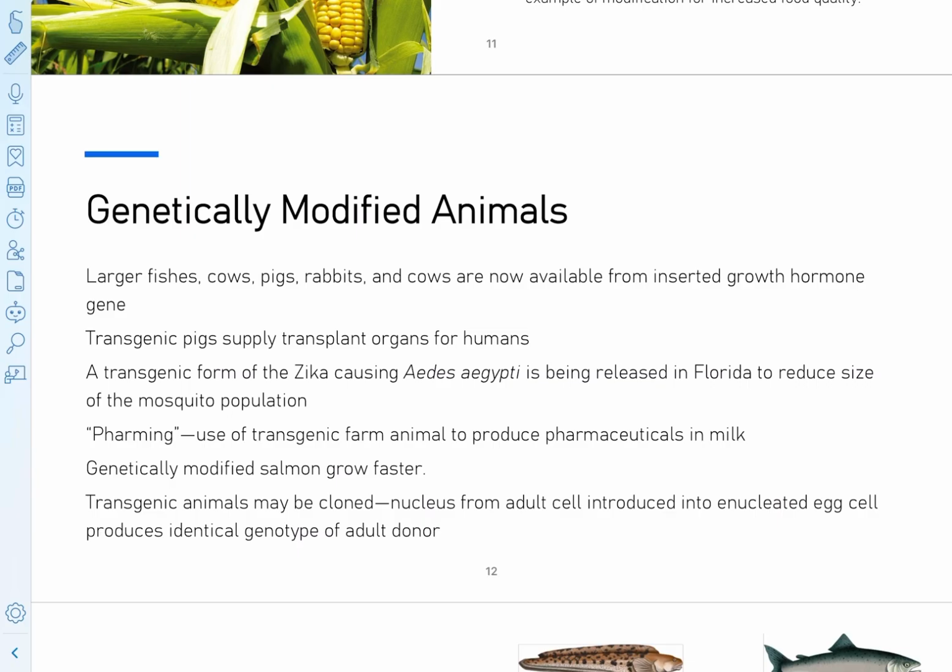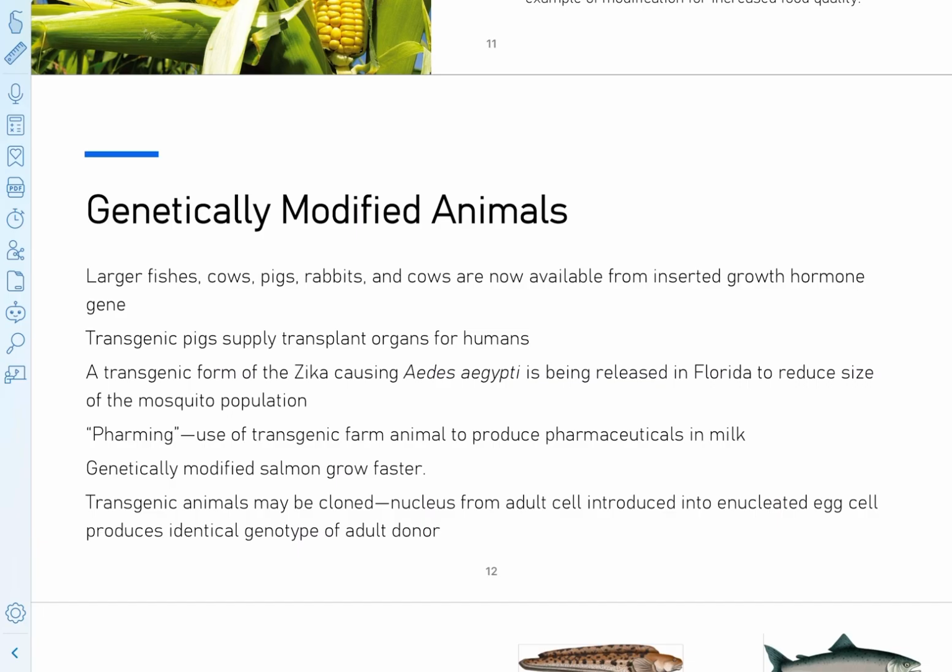So one of the more innovative uses of genetically modified animals is in a process that we have termed or coined pharming, which involves creating transgenic animals that produce valuable pharmaceuticals in their milk. So one example is genetically modified goats. They can produce proteins like antibodies in their milk, and then we can harvest and purify these antibodies to be used in treatments for diseases like cancer.